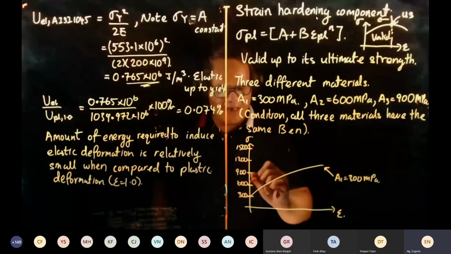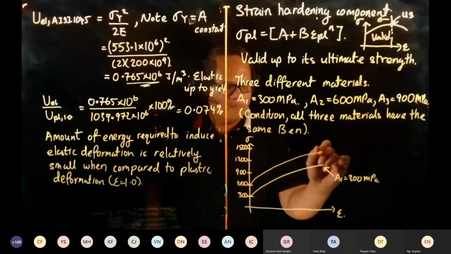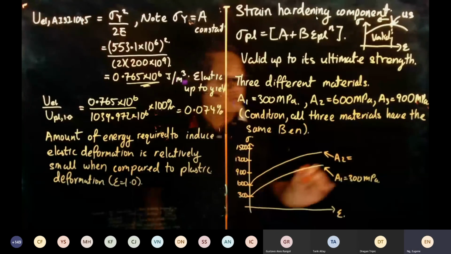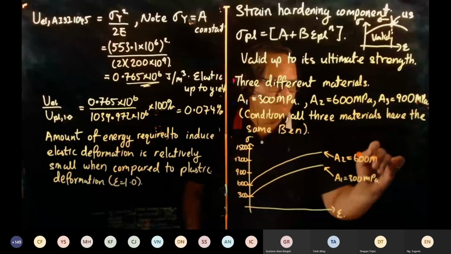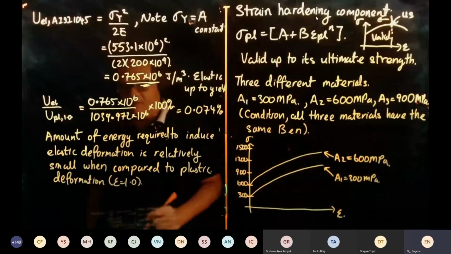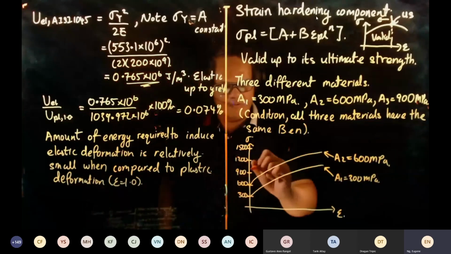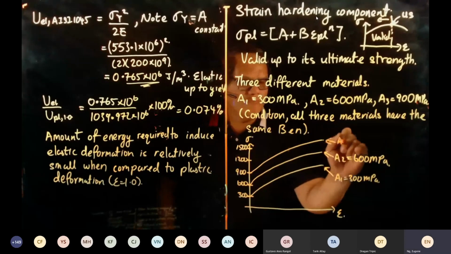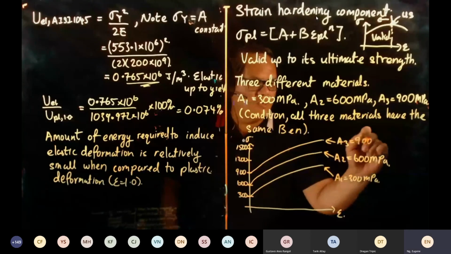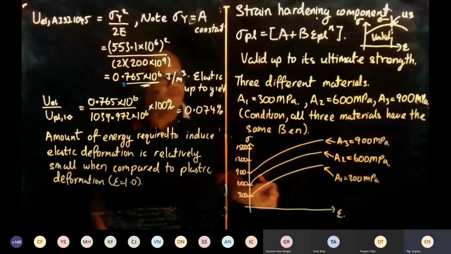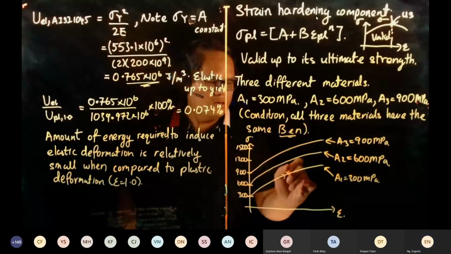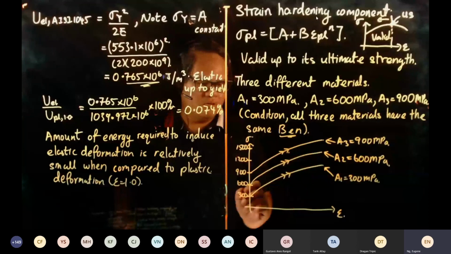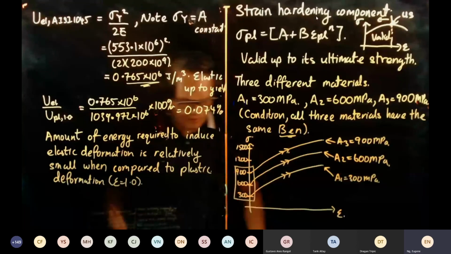Because B and N are the same, it will run parallel. A2 over here is equal to 600 MPa. And then you have 900, so A3 is equal to 900 MPa. This illustrates that when B and N are constants, the strain hardening curves are all parallel, and this is influenced by your A value.